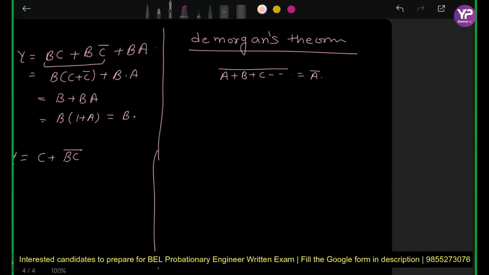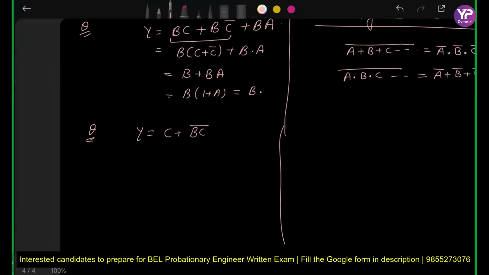So it will be A bar and B bar and C bar. This OR operation will convert into AND. Similarly, if I have A and B and C bar, complete bar, this can be simply decomposed into A bar plus B bar plus C bar. So AND will be converted into OR, and the bar will be distributed for each variable like this. Got it? Now do this question.